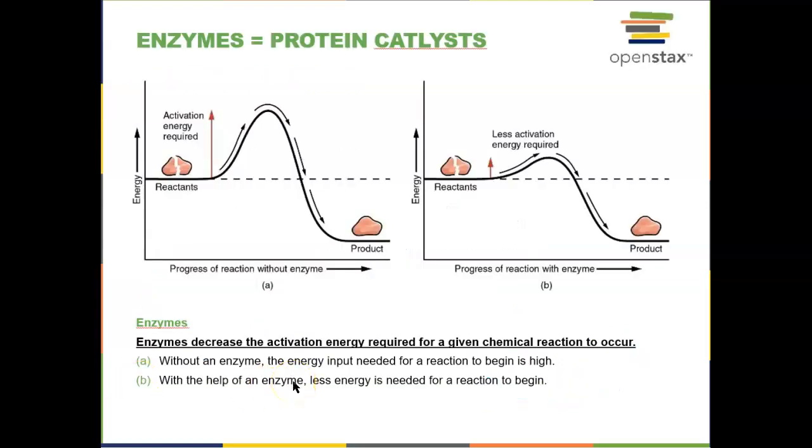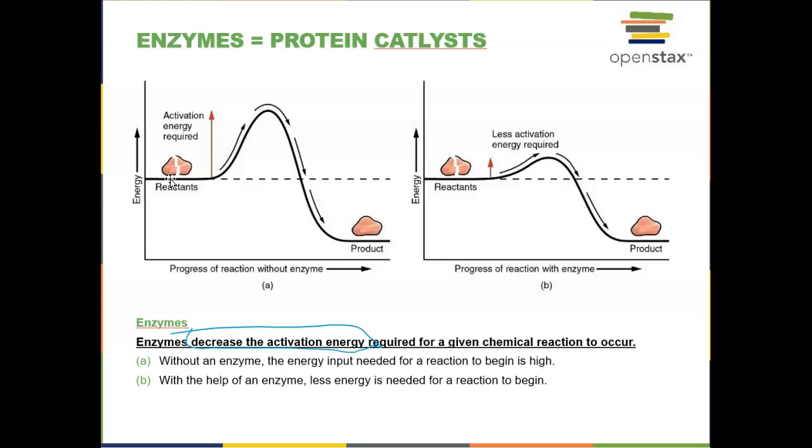The way enzymes work is by decreasing what is called the activation energy that is required to get a reaction to happen. So even if the product is at a lower energy state than the reactants, meaning this reaction gives off energy, you have to put some energy into it to start it.